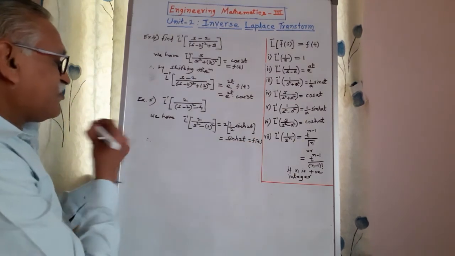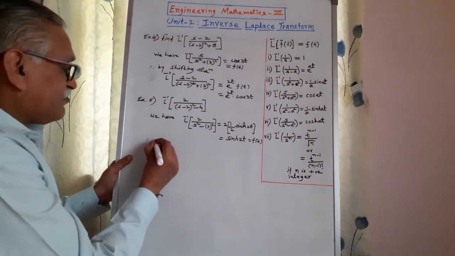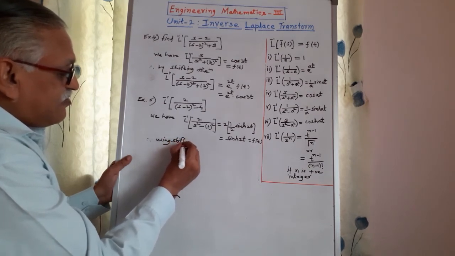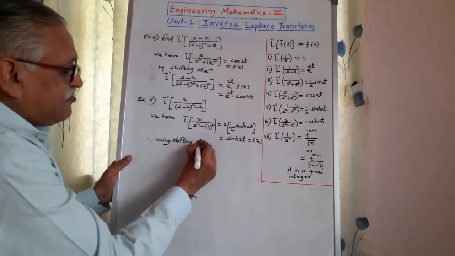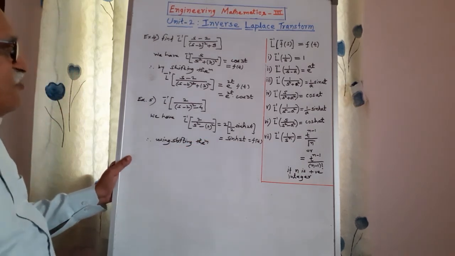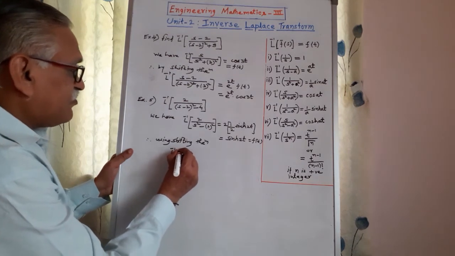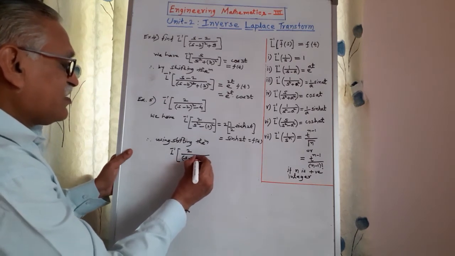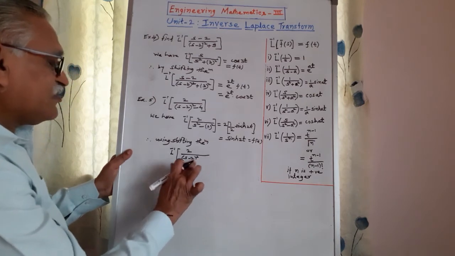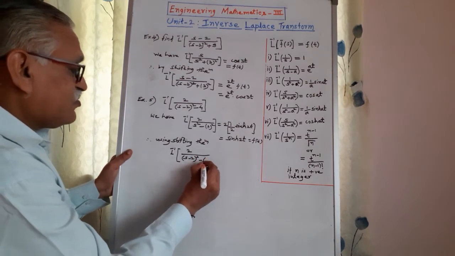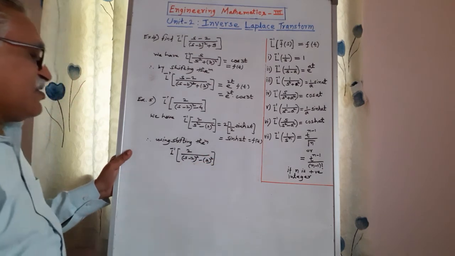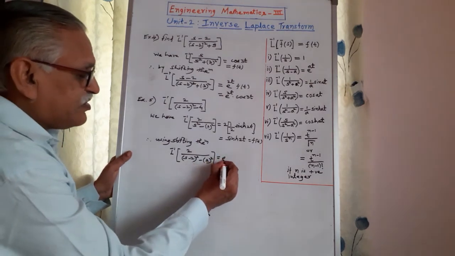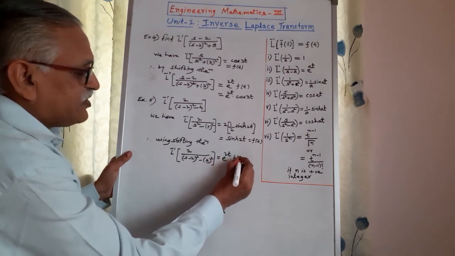And therefore, by shifting theorem, inverse Laplace of 2 upon (s minus 2) square minus 2 square, as per that theorem, it is e raised to, here it is minus, therefore e raised to plus at, e raised to 2t into f of t.